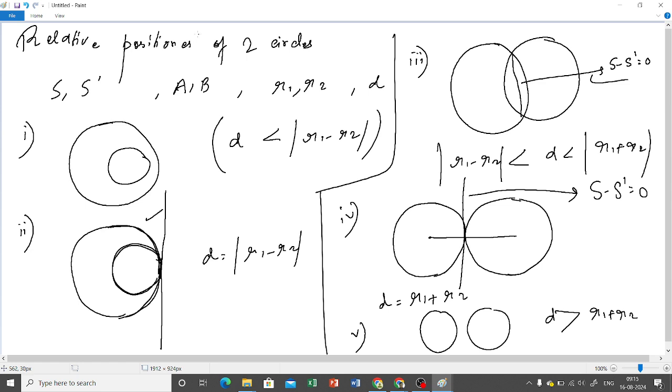And what is d? d is the distance between the centers of the two circles. So you need to find out the centers of the two circles also. For the first one, the center is minus g comma minus f. For the second one, the center is 0 comma 0. And then you need to apply the distance formula.